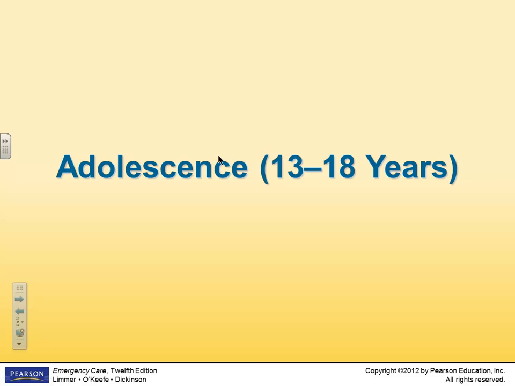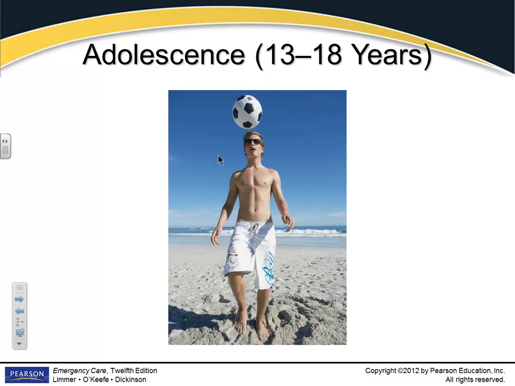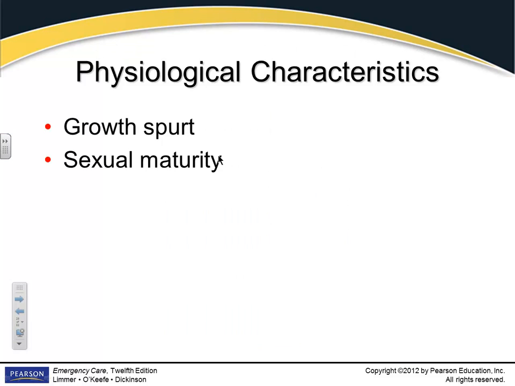All right. So adolescents, 13 to 18 years old. Some physiological characteristics. They have a growth spurt, and this is where it talks about in the book. Those feet are going to get huge, hands get huge, and then they're going to kind of grow into them.